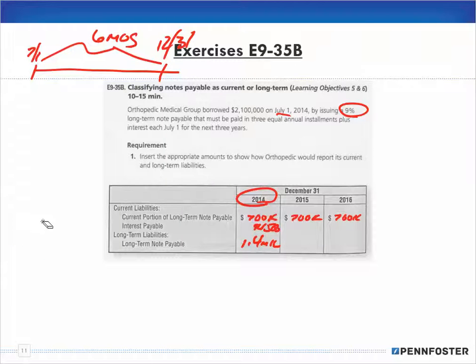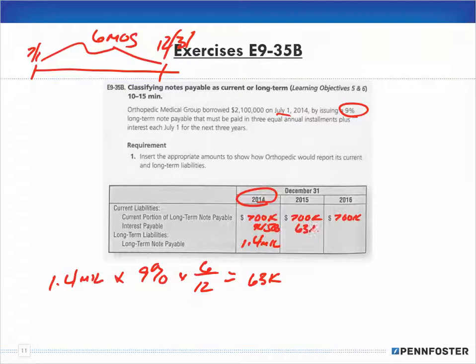Now, for 2015, the current portion is again 700,000, but our interest payable is not the same. We have to consider how much interest we're paying on what we still owe, and it's 1.4 million this time, times the same 9%, times the same 6/12. When you do that math, you end up with $63,000.